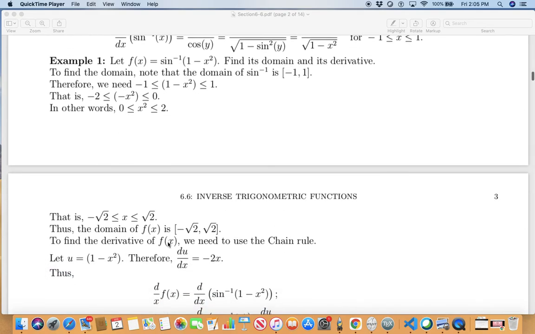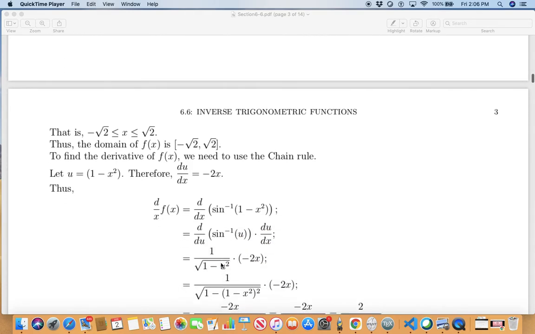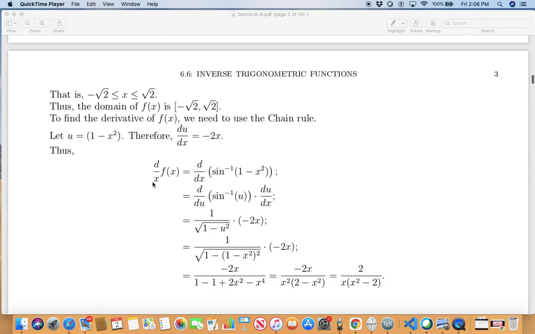Now to find the derivative of my original function f(x), I need to use the chain rule. Set the argument 1 minus x squared to u. Then du/dx is negative 2x. So at this point we can go on. The derivative d/dx of f(x) is d/dx of sine inverse of 1 minus x squared.